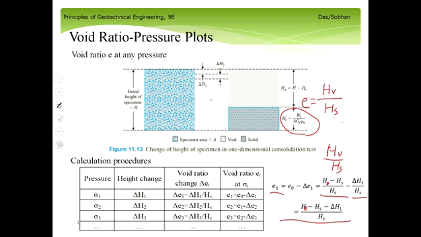We use this to calculate HS because we want to calculate HV for the void ratio. HV equals the current height, which you can observe with a sensor or a dial gauge, and HS we can calculate with this. Under sigma 1, sigma 2, sigma 3, you can always get HV1, HV2, HV3, so you can calculate void ratio 1, 2, 3. Finally you get some pairs of data.